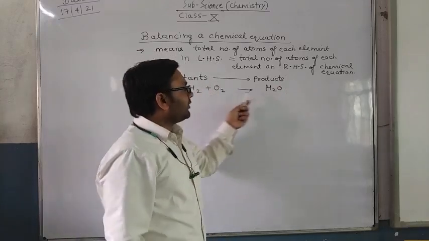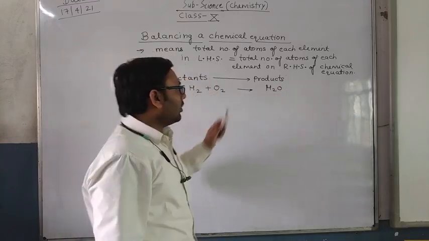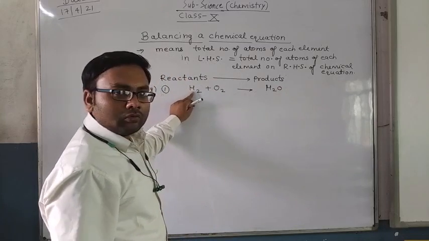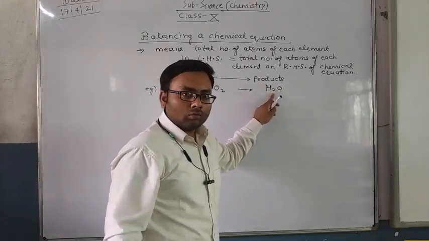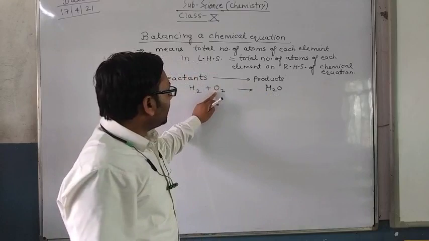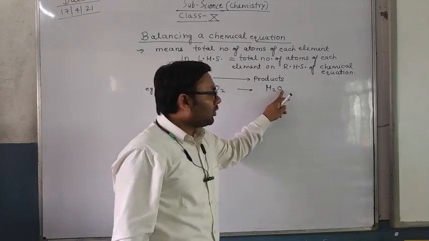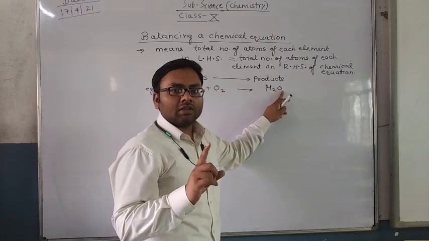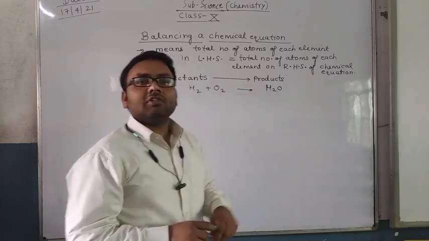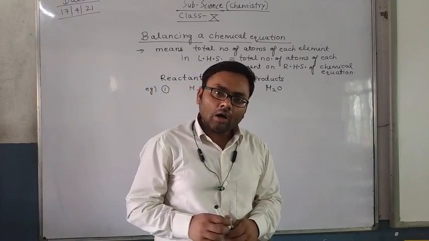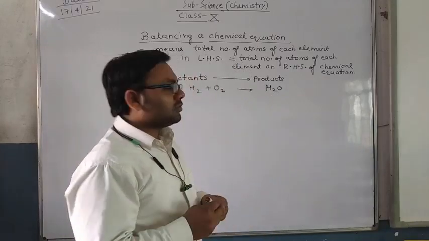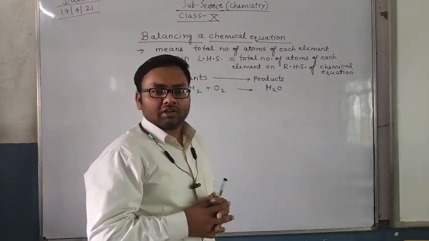But this equation is not balanced, because hydrogen atoms are 2 on the left and 2 on the right, so it is balanced for hydrogen. But oxygen atoms are 2 on the left, while on the right there is only 1. That is why the equation is not balanced. Now how will it be balanced? We have to just use the stoichiometric coefficient.